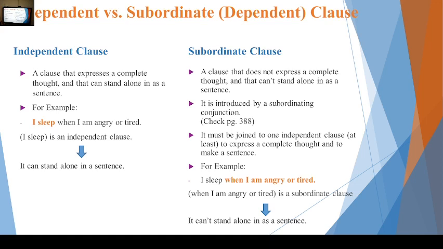A subordinate clause is a clause that doesn't express a complete thought and can't stand alone in a sentence. A subordinate clause contains a subject and a verb combination, so you will have a subject and a verb, but you don't have a complete thought. You need other words to complete the meaning.